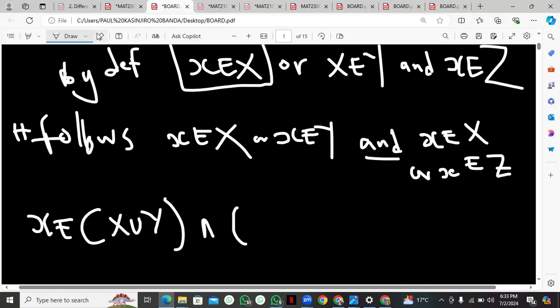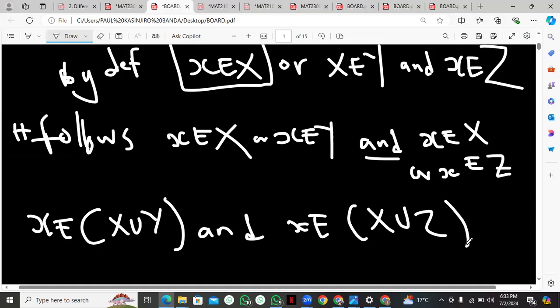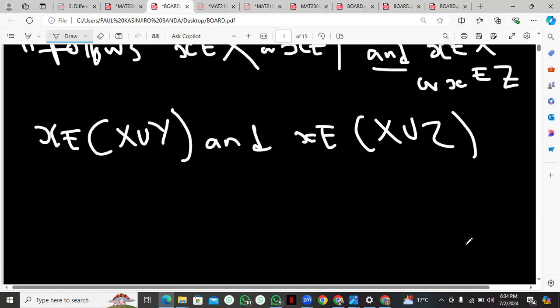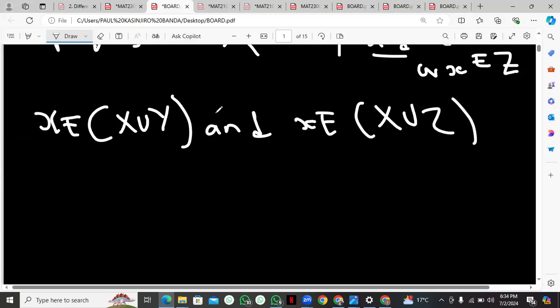Okay, maybe before we complete it here, because you have to show the steps. So here I'll just say and again, and then I'm going to say X is actually a member of, okay, then I combine what I have here, which is X union Z. Okay, so this is what I have, and I know this is an intersection. We have X, which is in here, and this same X is also in there. Okay, so we can actually intersect these two.